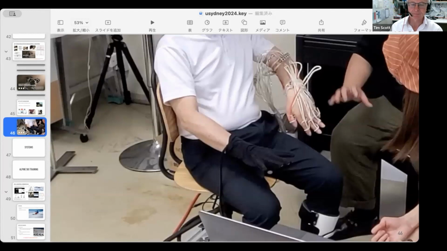So if we could do this kind of rehabilitation in the early stage after the stroke, it might have much better results, since their hand is not so stiff. So, does it answer your question?